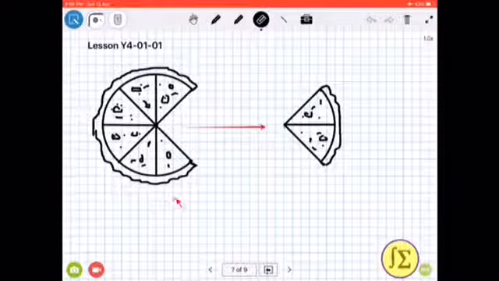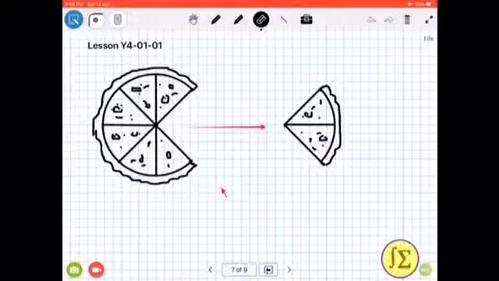So how do we get back a whole pizza? What we do is we put the smaller fraction back to the larger fraction. When you do that, you get back the whole pizza.